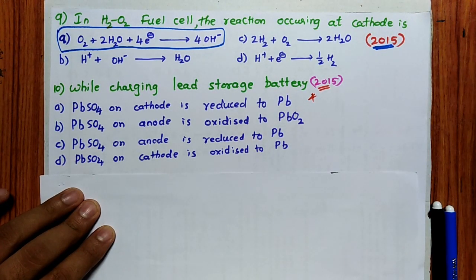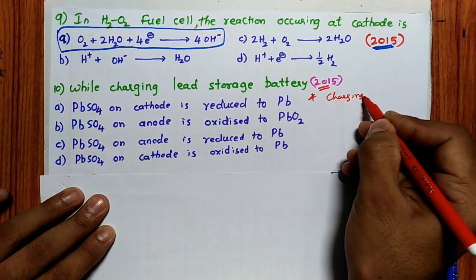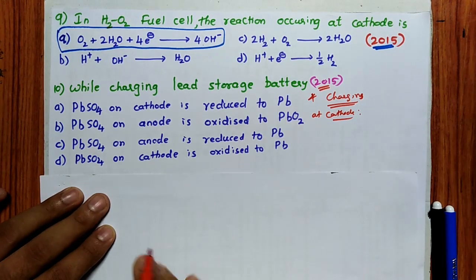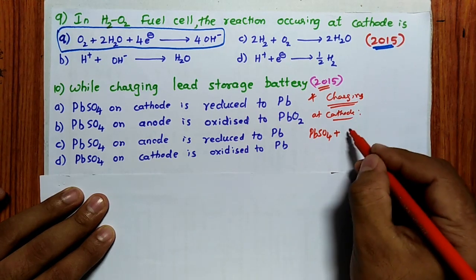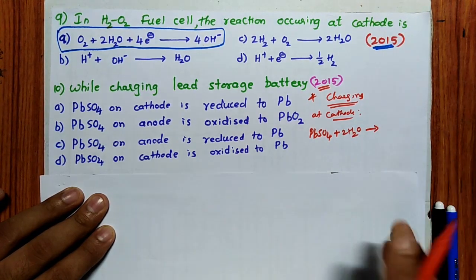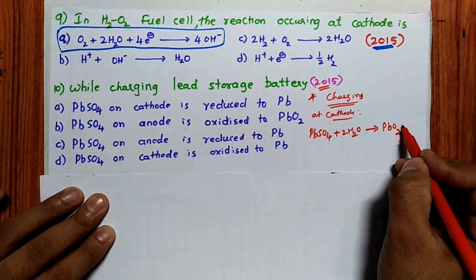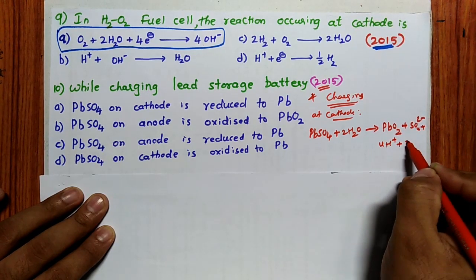Why, I will tell you. If you remember the actual reaction, what happens? Pb plus SO4 2 minus gives rise to PbSO4, correct? But here I am writing the charging reaction. At cathode, PbSO4 reacts with 2H2O and gives rise to PbO2 plus SO4 2 minus plus 4H plus plus 2 electron.